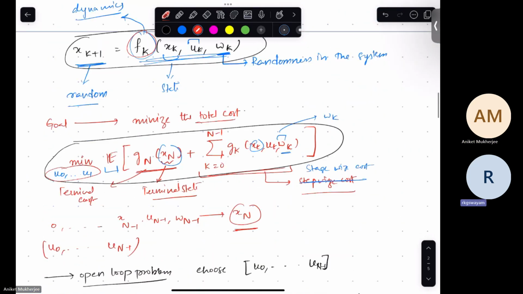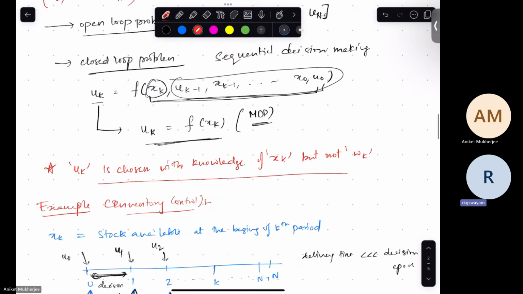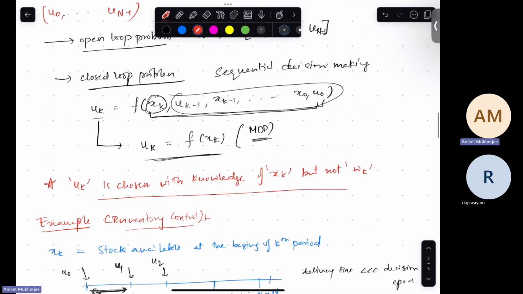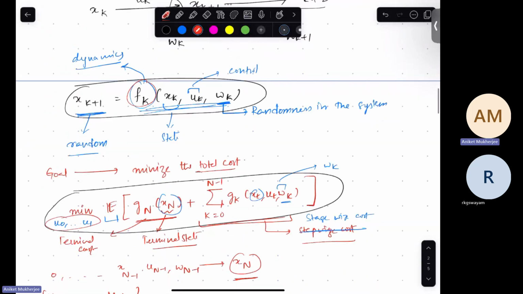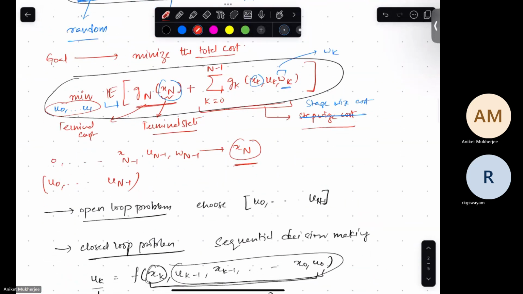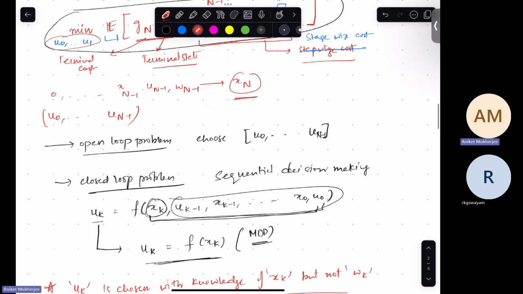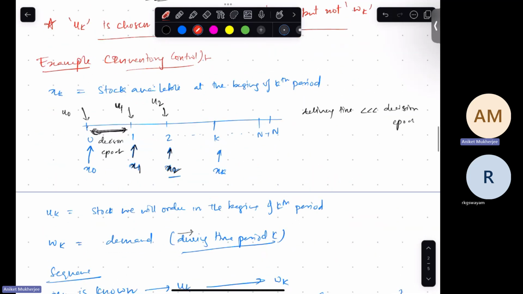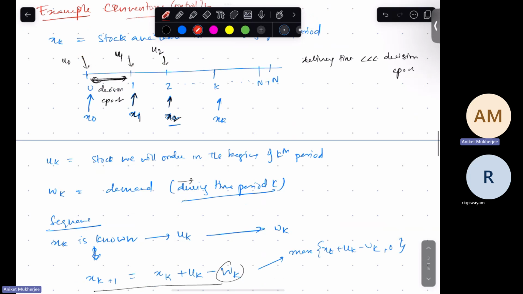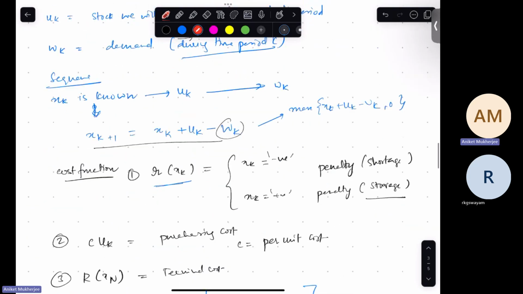So can you explain the open loop and the closed loop thing? Yeah, sure. I'll do it in the inventory control setup.